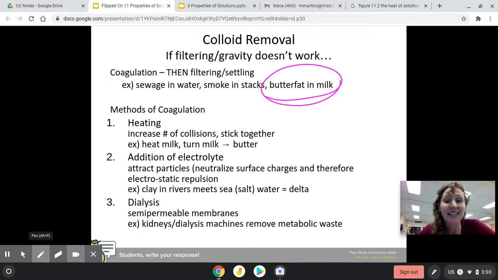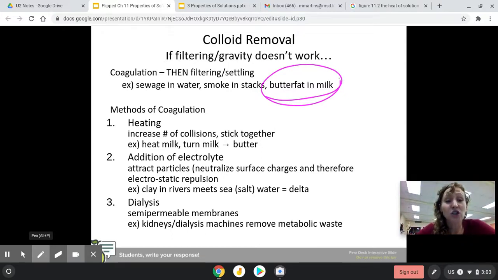Another really good example is the butterfat in milk. If you've ever tried to heat milk, you'll notice that the milk tends to coagulate and stick together. If you do it in a cup, you may get a layer on top of the milk that's not really delicious. Or if you do it in a pan, this is how cheese is made. They heat the milk, and then the milk proteins start to stick together.